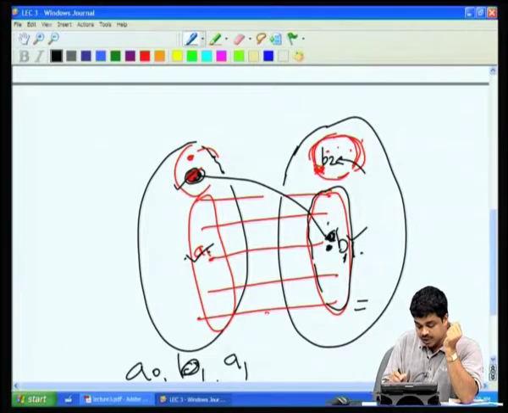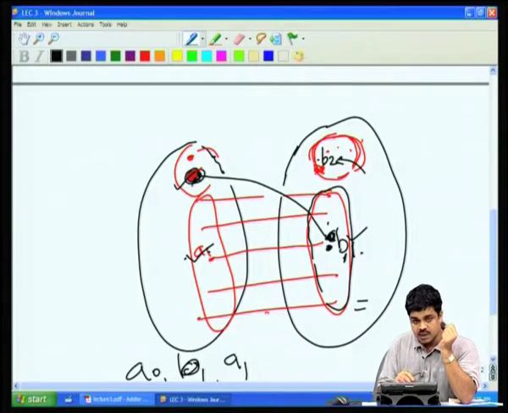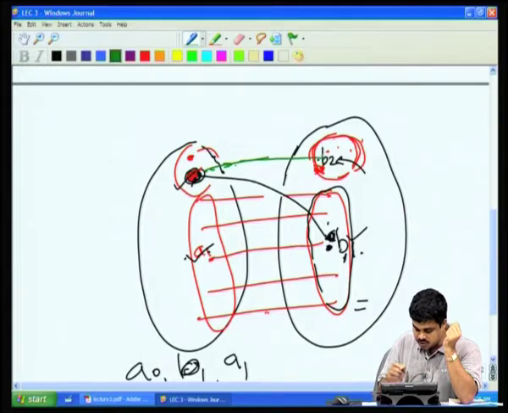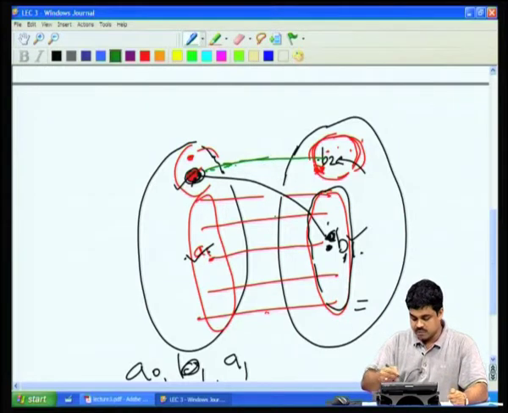As we have already said, it is not possible to have a connection between B2 and A0, because if this connection was there, we could already make the matching bigger by adding this green edge to the existing red edges. So that is not possible.